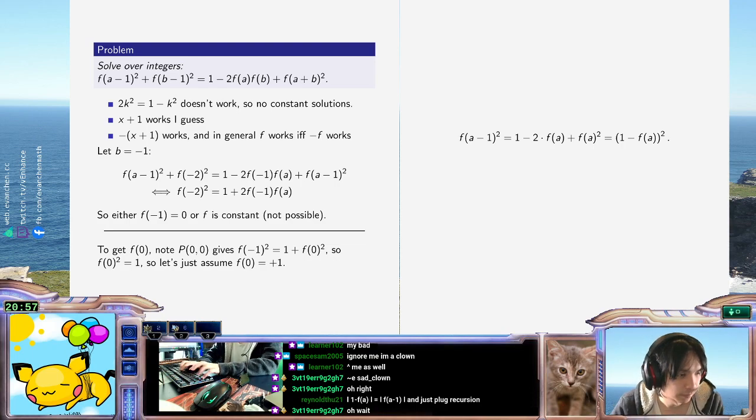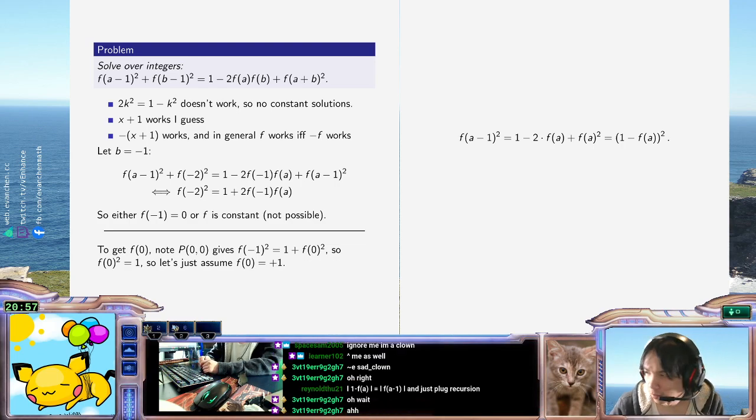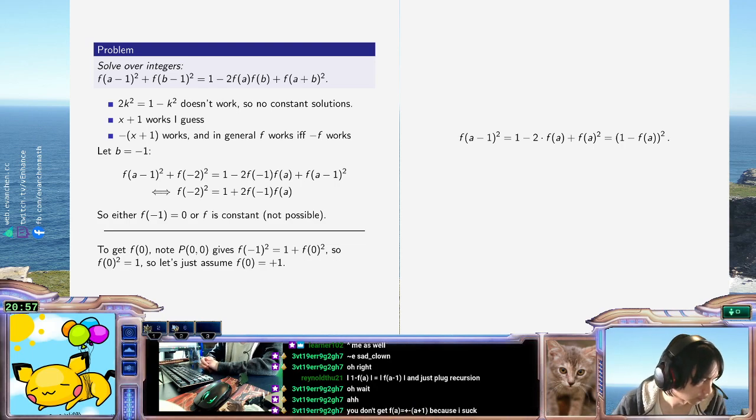And just plug in the recursion. We know that it goes up and down. You don't get f of a equals plus or minus a plus 1 because I suck. Okay, great.